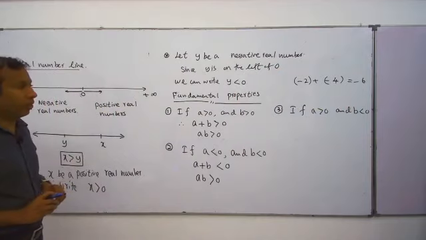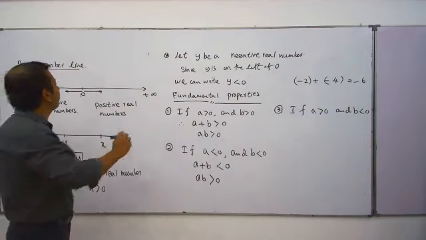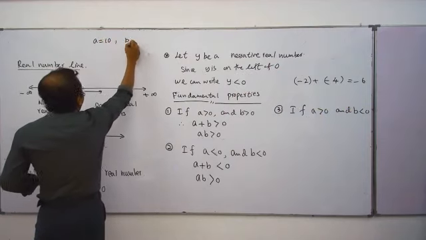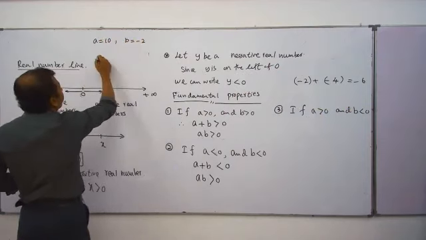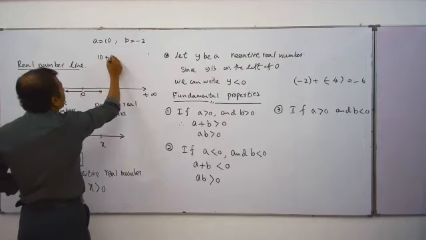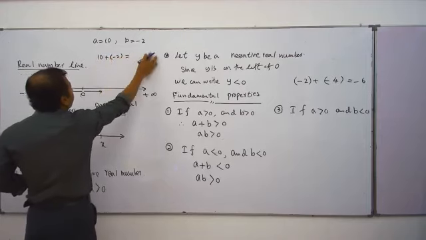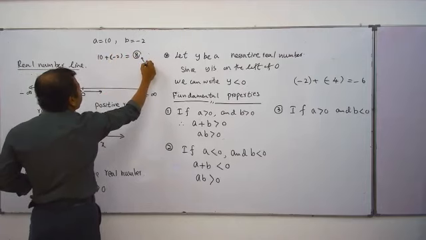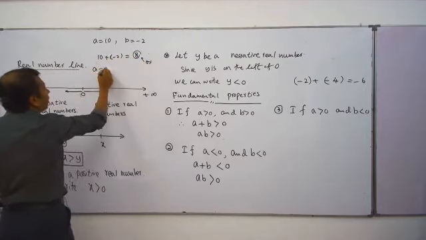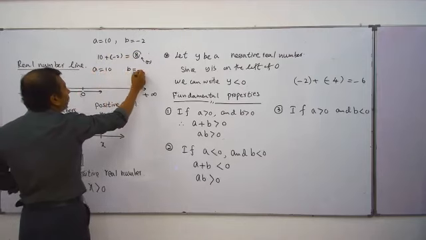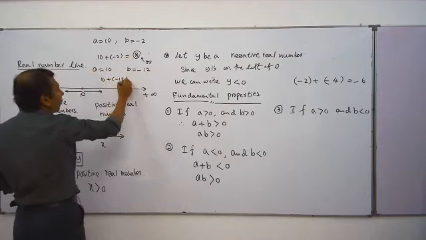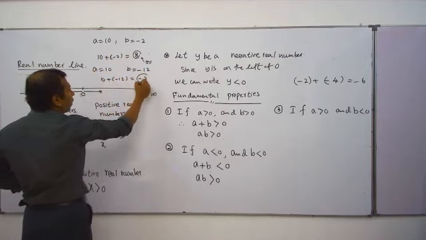That depends on the values of A and B. For example, A is 10, B is -2: 10 plus -2 is 8, the answer is positive. Suppose A is 10, B is -12: 10 plus -12 is -2, the answer is negative.